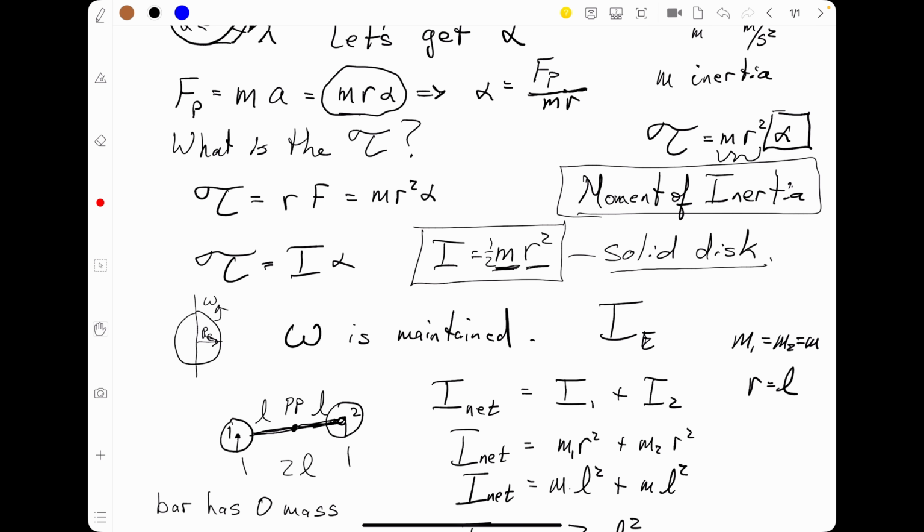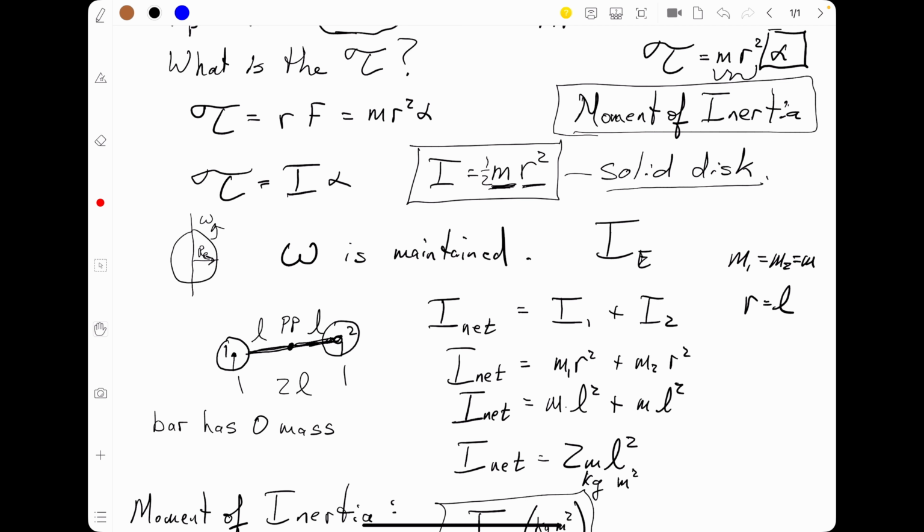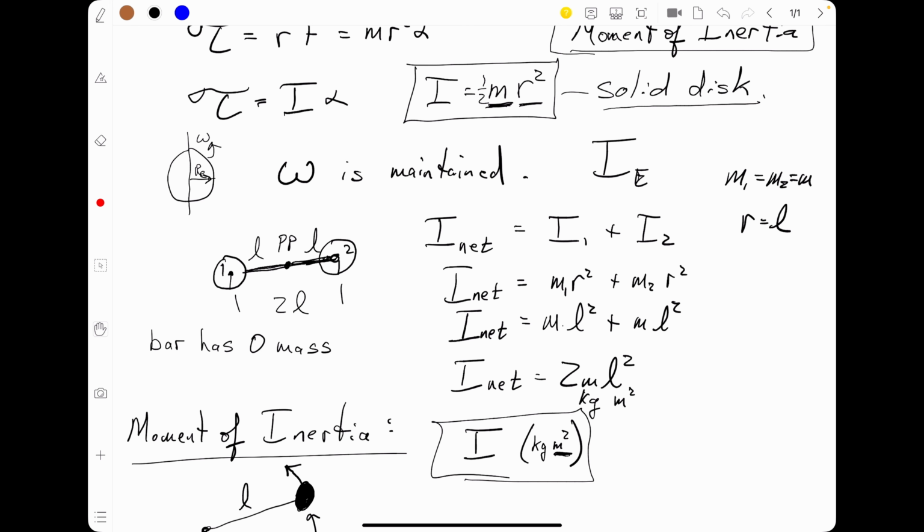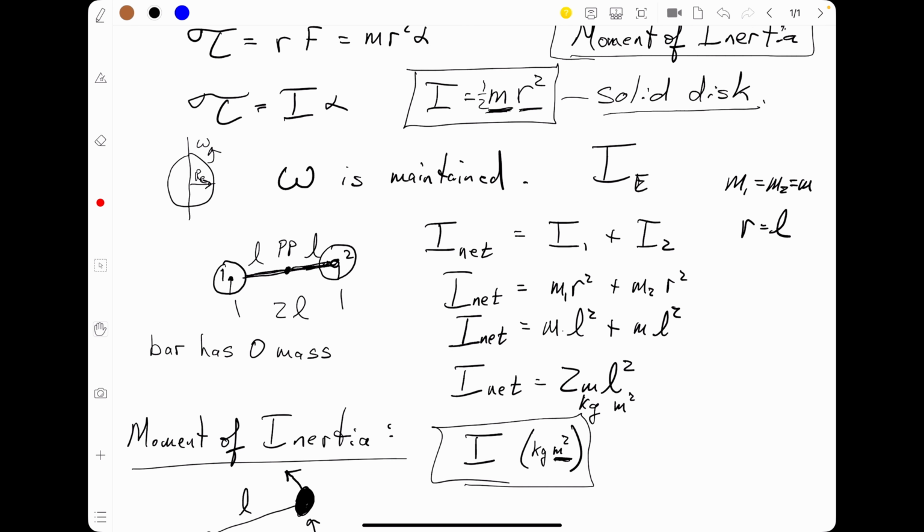So when we go through and find different moments of inertia, basically you go and you look it up. Okay, I'm not going to tell you how to look it up.